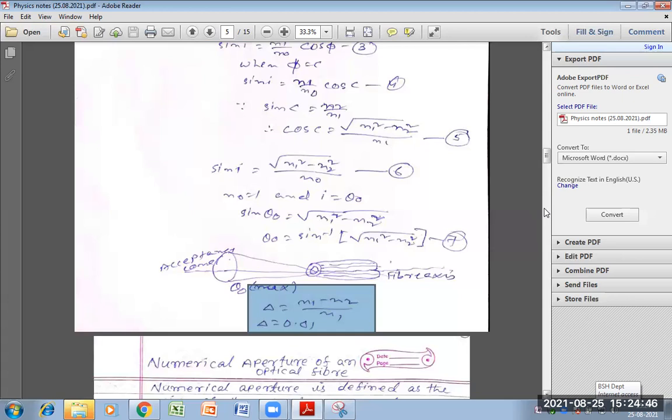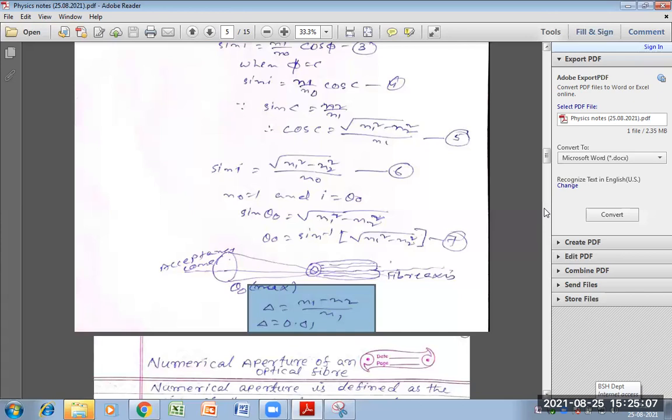After completion of the acceptance angle and acceptance cone, we know the acceptance angle is equal to sine inverse root under N1 square minus N2 square.